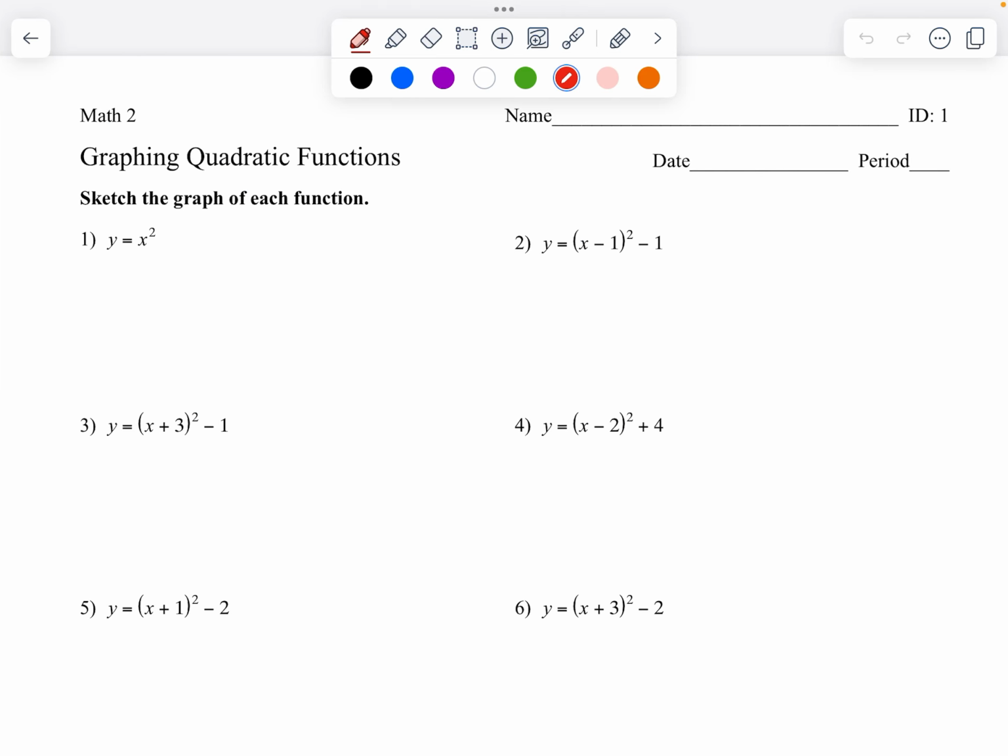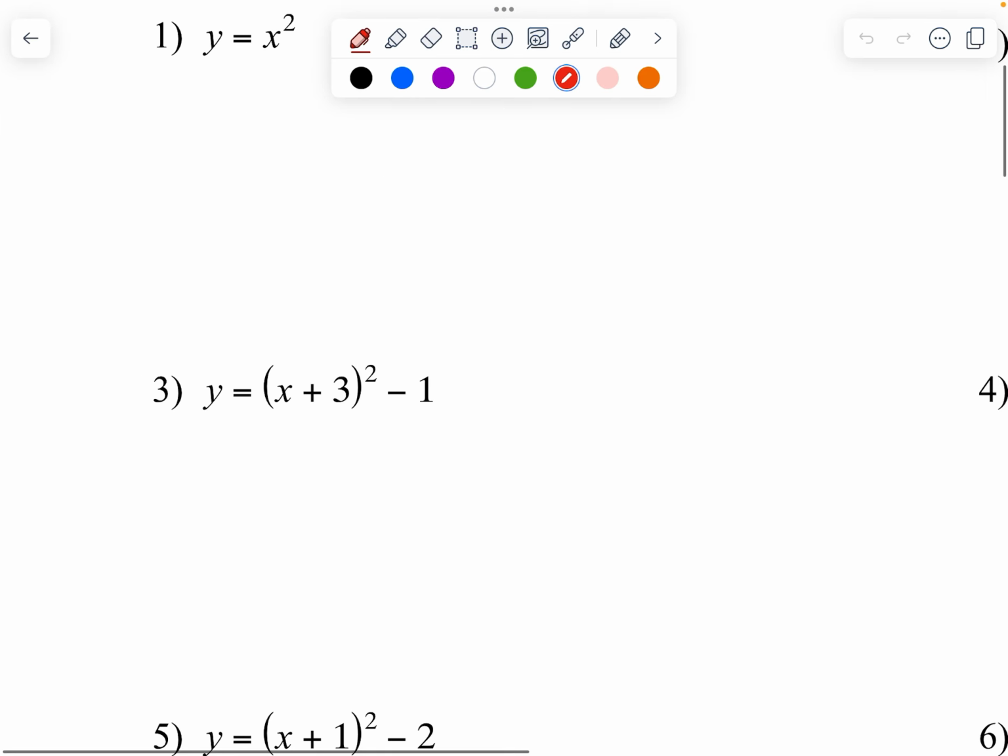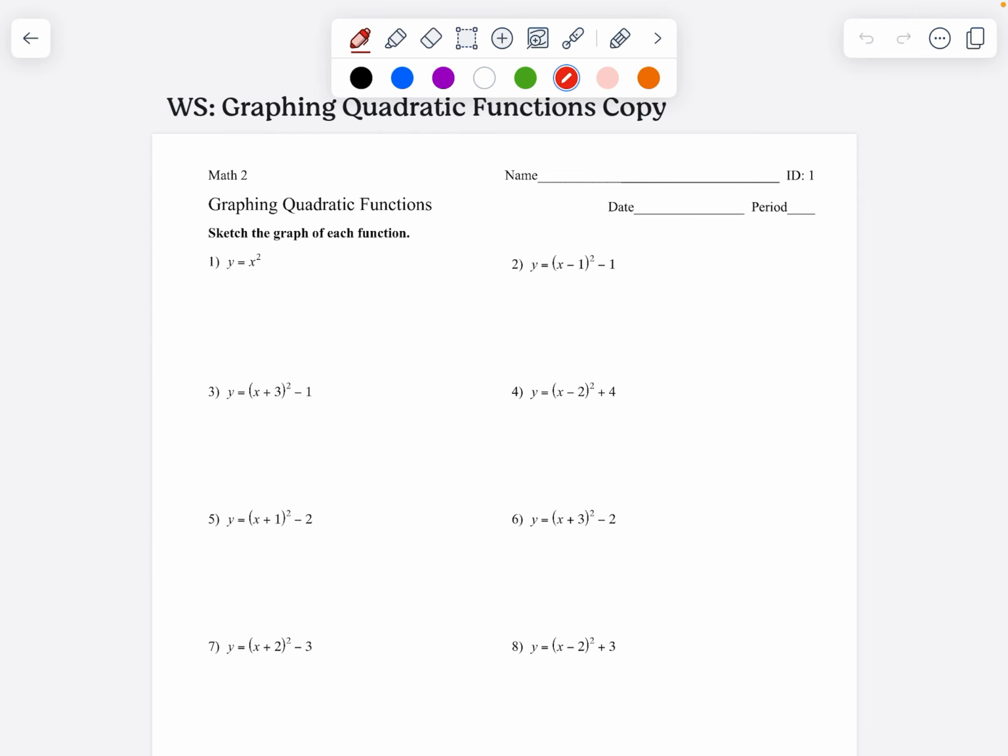The next one here is x plus 3 squared minus 1.